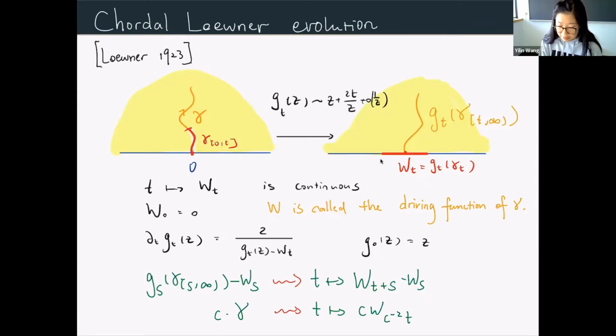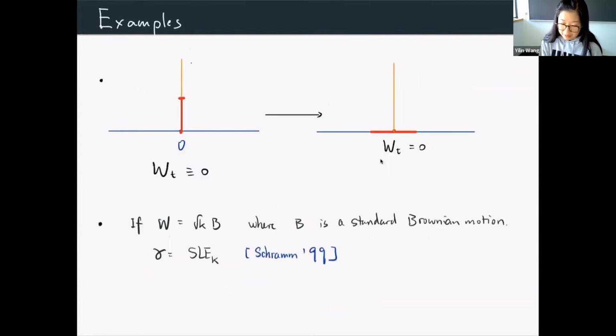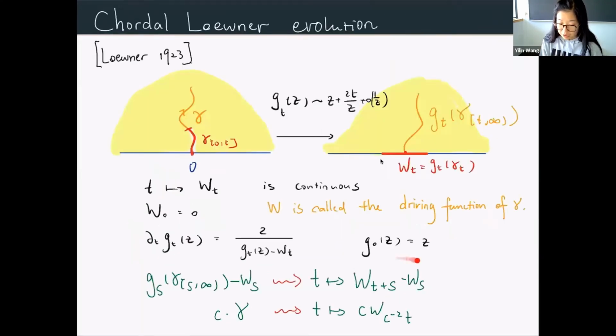But if one asks what curve will be invariant under these two transformations, basically there's just one function, but that will be a bit less interesting. But if we consider a random driving function, like square root of kappa times the Brownian motion, then the Brownian motion will be invariant under these two transformations.